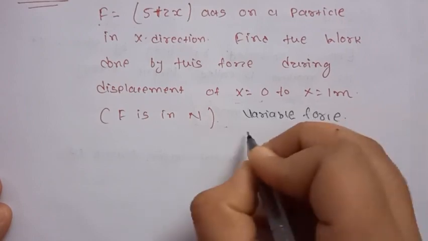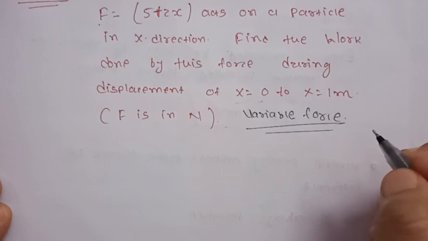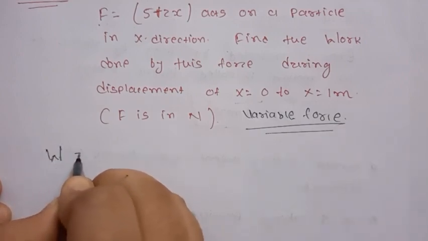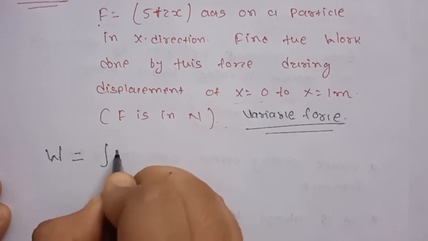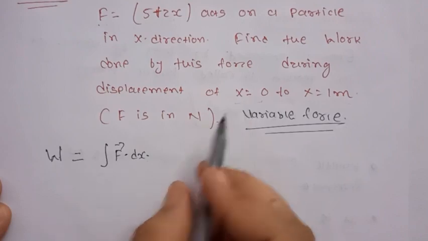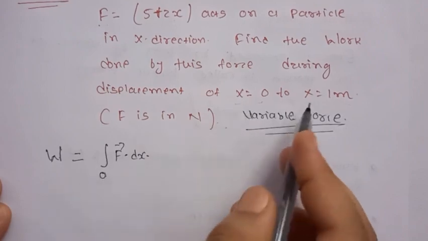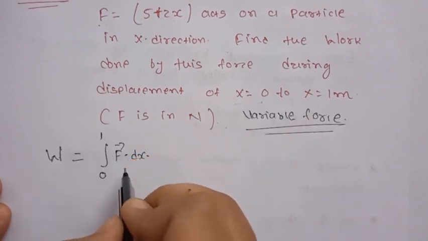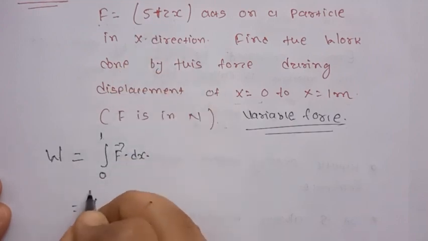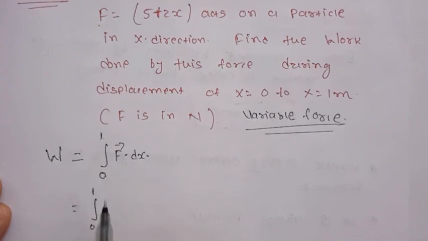In the case of variable force, we have to find the work done by using the integration method. So work done is equal to integration F dot dx. The initial position is 0 and final position is 1. Put the value of F in this equation. So integration from 0 to 1, F is 5 plus 2x dx.